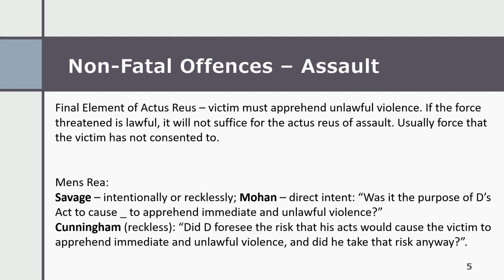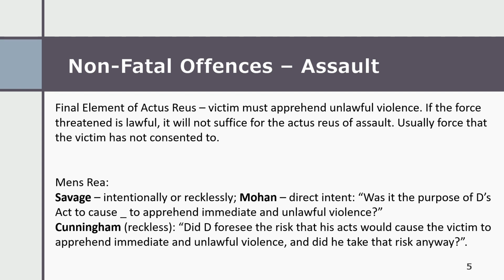So therefore you use the test for direct intention in Moloney. You ask the question, was it the purpose of these acts to cause V, the victim, or replace it with the name of the person in the scenario, to apprehend immediate and unlawful violence.